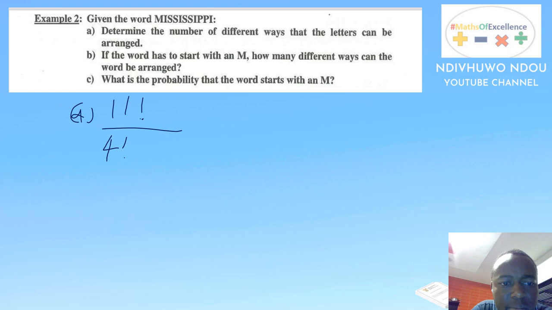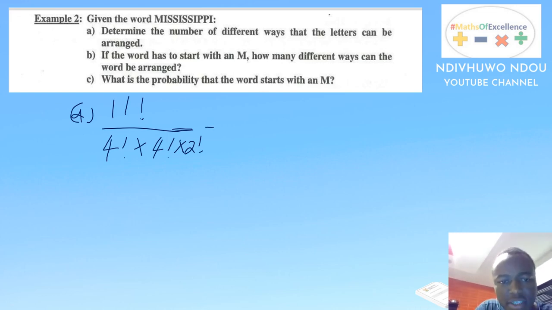Another letter that is repeating, we have S that is also repeating 1, 2, 3, 4 times. Another letter that is repeating, we have P that is repeating 2 times. So we multiply by 2 factorial in the denominator.